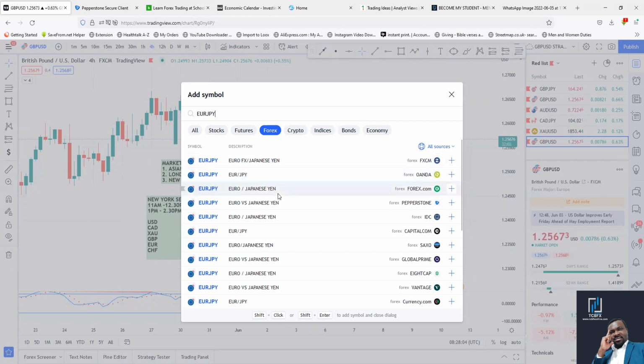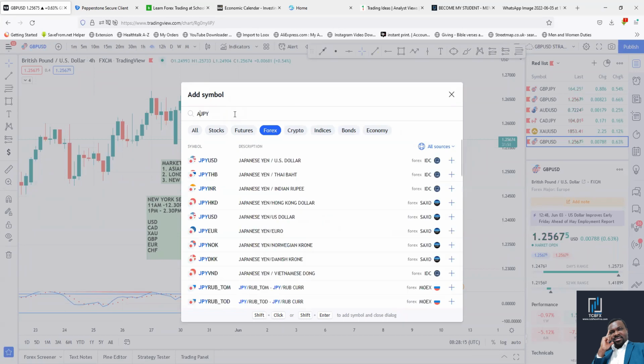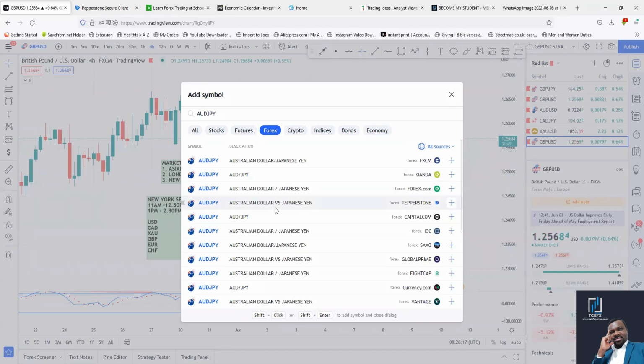Knowing that one is weak, you are choosing a weaker one and a strong one. It is absolutely wrong to take AUD and JPY and trade it. Why? Because both of them are strong currencies in the session. You will lose money doing this.